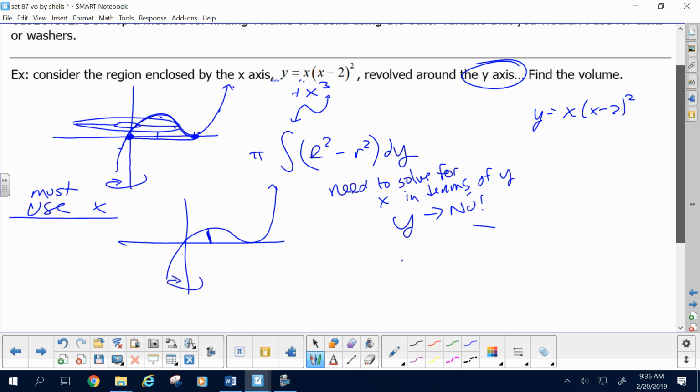That's how x works. It's a thin slice this way. If this kind of slice is revolved around the y-axis, then that slice doesn't make a washer, it makes this onion skin kind of shell, a super thin shell.